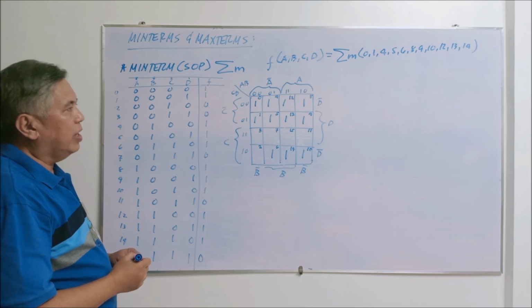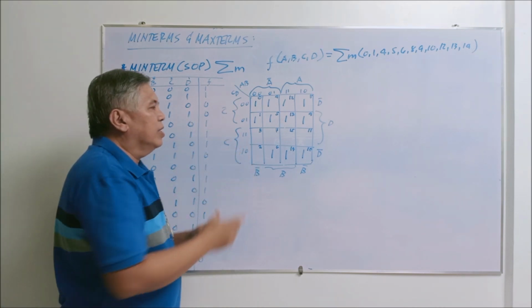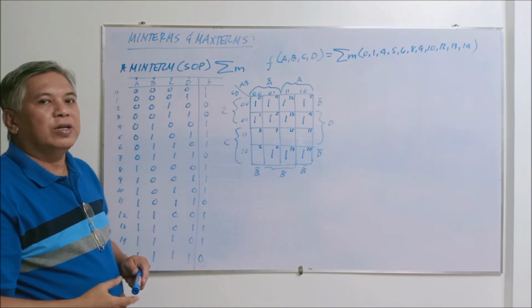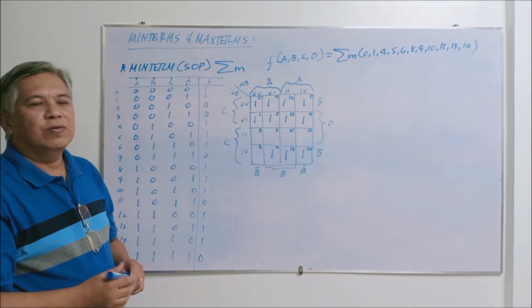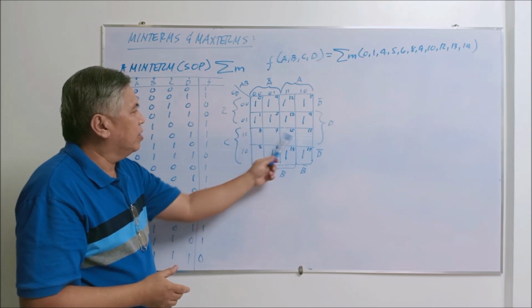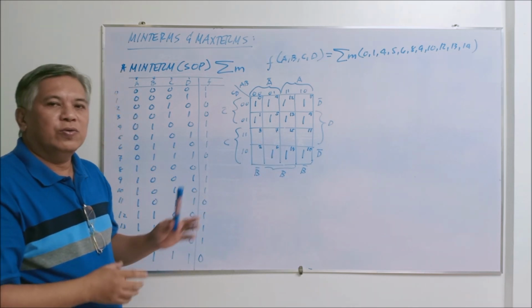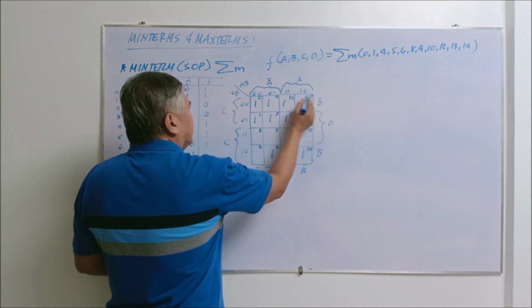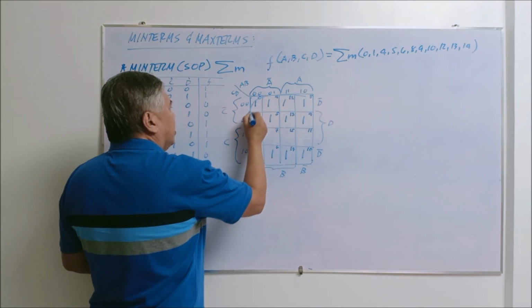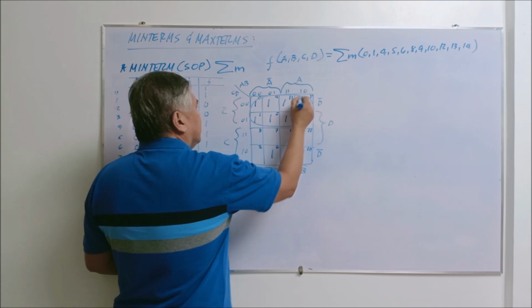The same, we group the cells which are adjacent. Again, we have 16 cells. If we can't have 16 cells because there are vacant cells here, we go to 8 adjacent cells. So in this case, we have 8 adjacent cells, and we group them as 1.